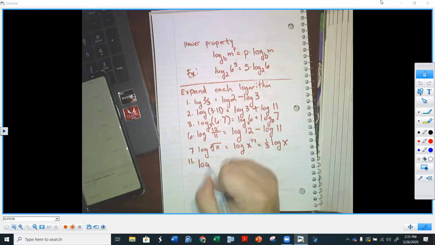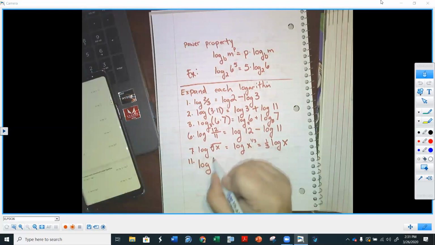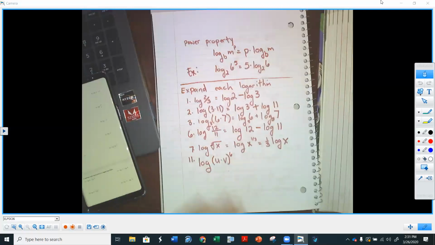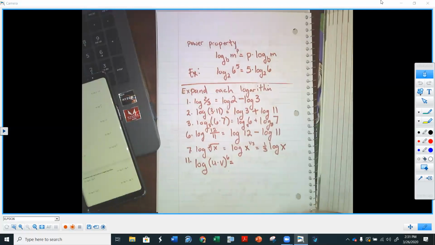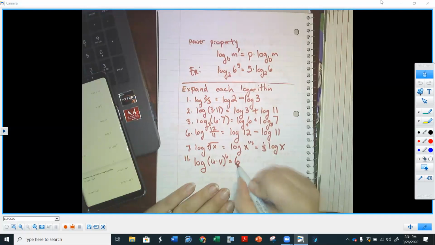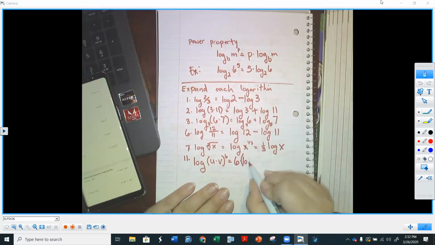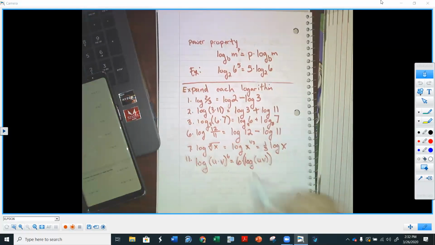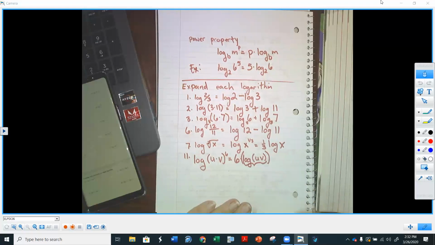Okay, so this is log of (u dot v) to the 6th power. This dot is multiplication. Our first step, and there will be multiple steps, is to write your 6 out front. 6 times, let's put parentheses around that. Let's start off with that habit. (uv). What is going to happen with this piece right here is it's going to go to addition.